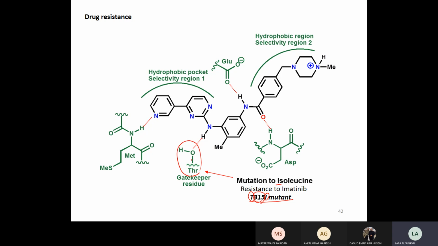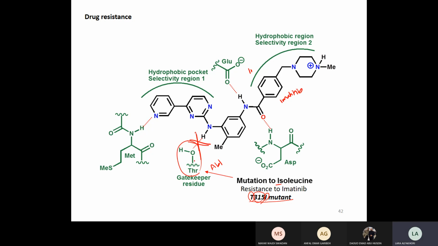So in this mutant kinase, when the threonine is replaced with isoleucine, that hydrogen bond interaction, which is crucial for the binding of imatinib to ABL, will be lost. And when this interaction is lost, the binding affinity of imatinib decreases very significantly.